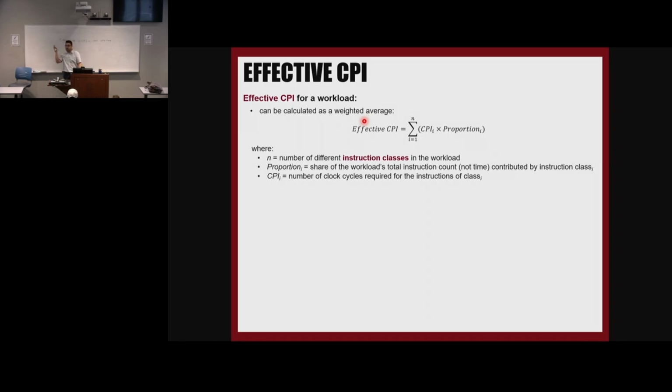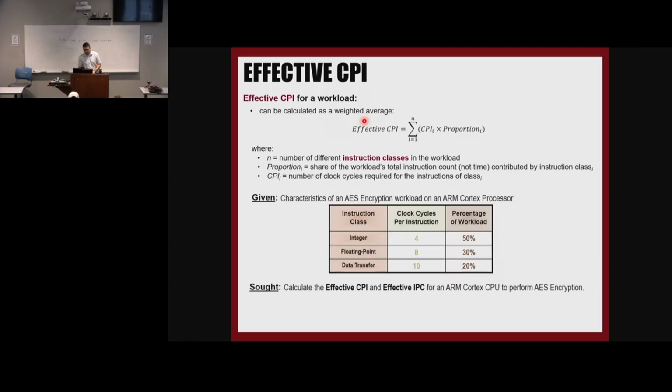Is it 20% of the workload? Is it 50%? If we have that proportion, and the CPI for that instruction class, then we can calculate the effective CPI. Maybe we can understand it better with an example.